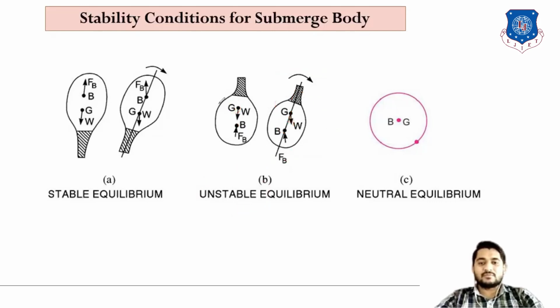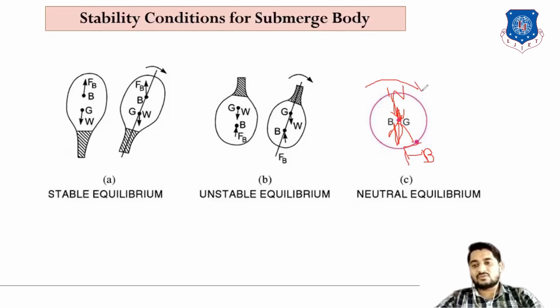That is known as the unstable condition, because the body will not return to its original position. Clear? Remember, for stable equilibrium, G is below B. For unstable equilibrium, G is above B. The last case is neutral equilibrium. Suppose this is a circular bubble for which B and G are both at one point. From G, W acts downward and from B, the buoyancy force FB acts upward.